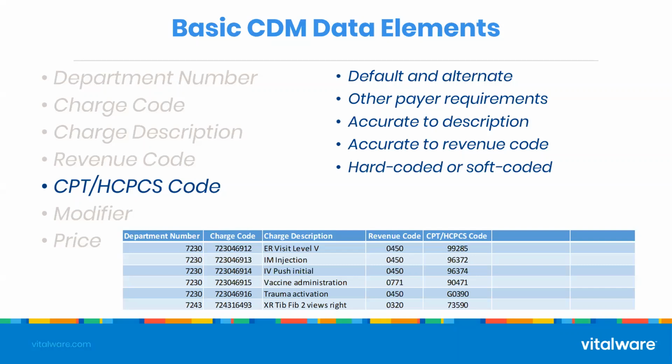There could be alternate 1, alternate 2 CPT codes. And so those would be changed based on whichever payer is set up to identify that alternate. So if Blue Cross wants a particular CPT code for those ER visits, you would set up a special column in your Chargemaster for Blue Cross and assign the code accordingly.